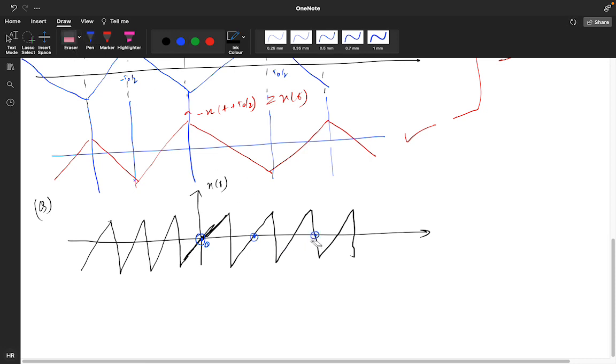Is this correct? Yes. So this will be my 0, and this will be my time period t naught. Here to here you have a time period, and this mid part is your t naught by 2. So it will be minus t naught by 2. Correct?